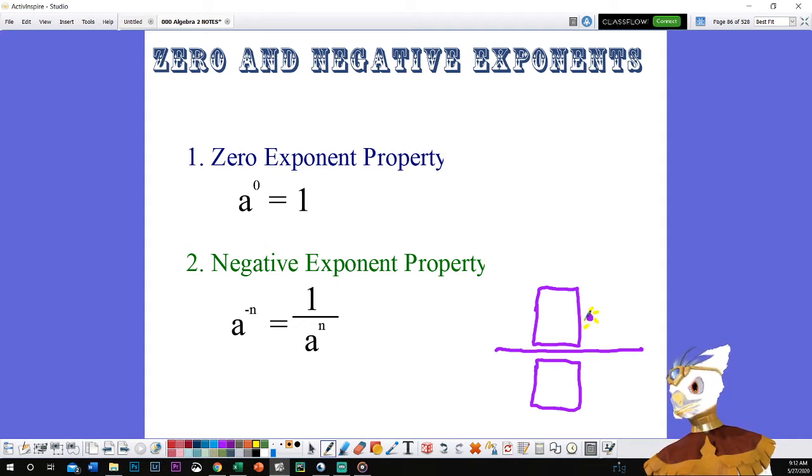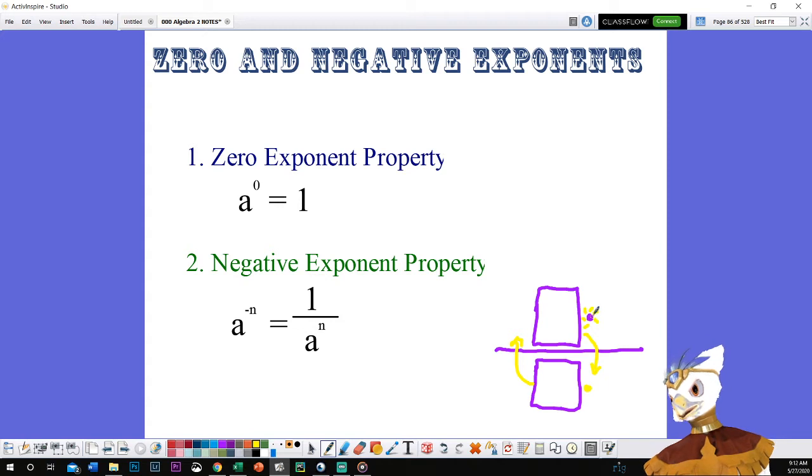So it's glowing. You get in the elevator, you press the button, and your only option is to go down. If you're on the bottom floor and you press the magic button, your only option is to go up. So the top number goes to the bottom and the bottom number goes to the top if you have a negative exponent.